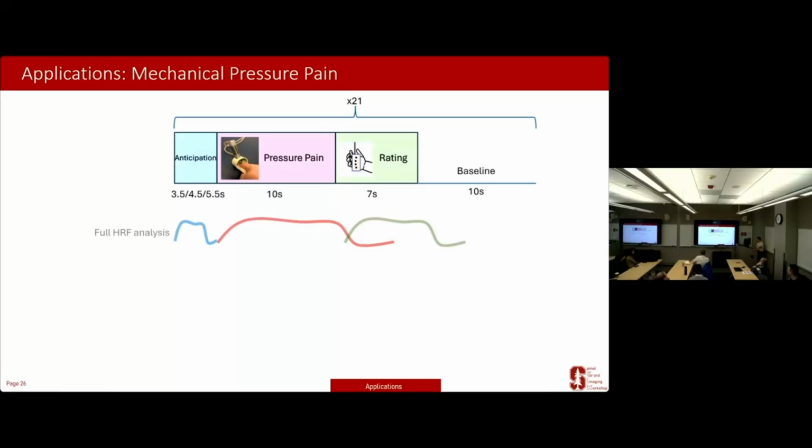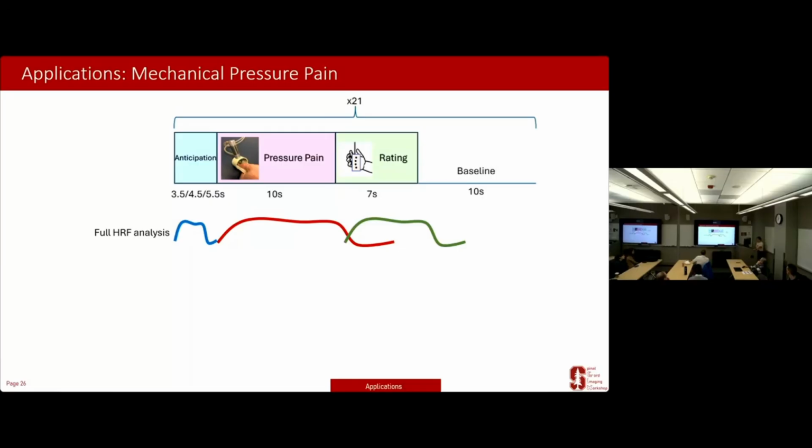First, I analyzed the data the conventional way we usually do, which is modeling each event by a boxcar convolved with an HRF. I will refer to this as the full HRF analysis method.